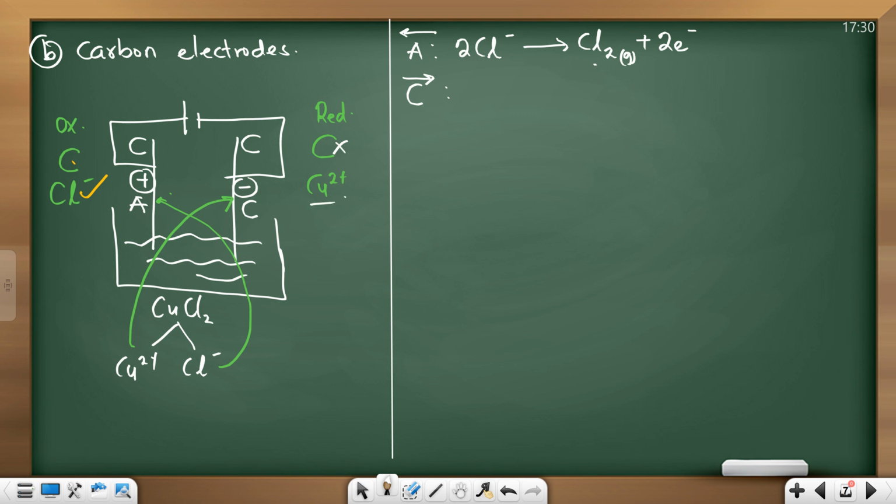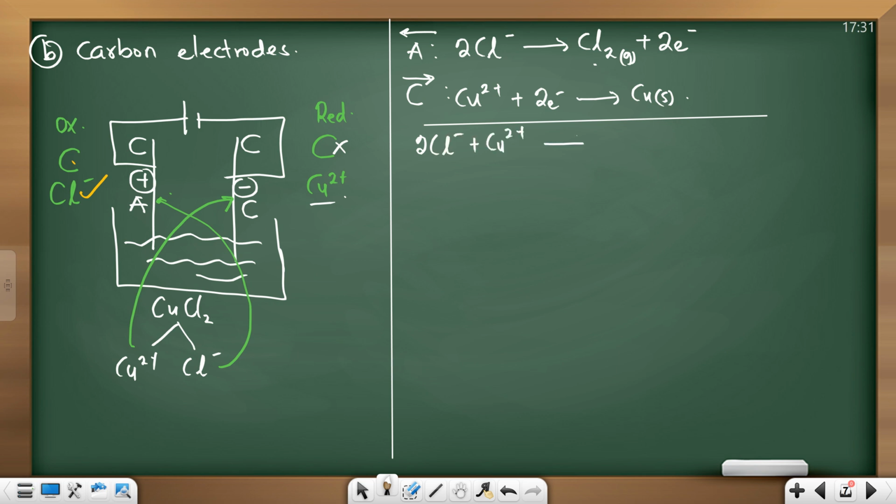What are we left with? Cu2 plus. What will it be? Cu2 plus plus 2e minus to give us Cu. All right, my beautiful learners. What would be my ionic equation? My electrons are also balanced. 2Cl minus plus Cu2 plus gives Cu plus Cl2 gas. Another 3 marks.